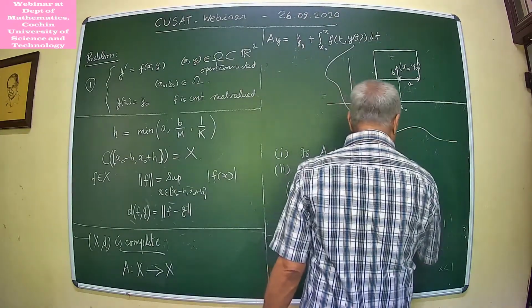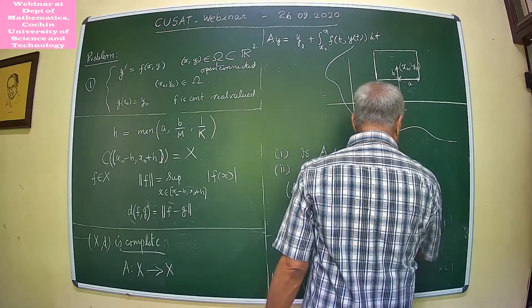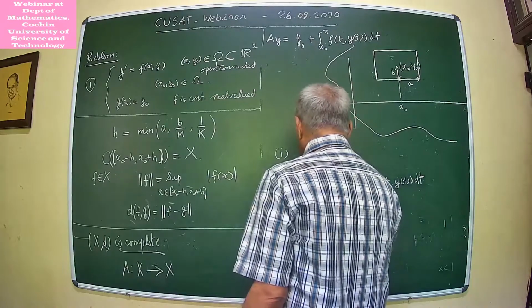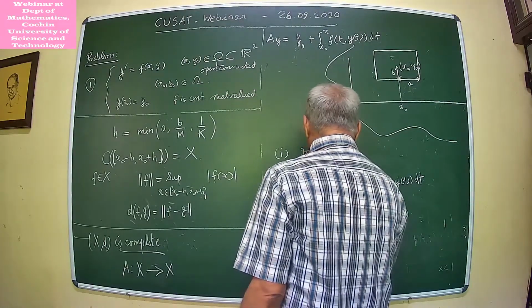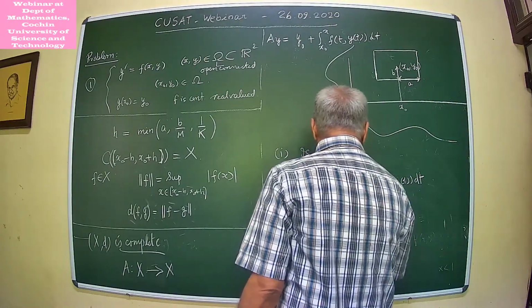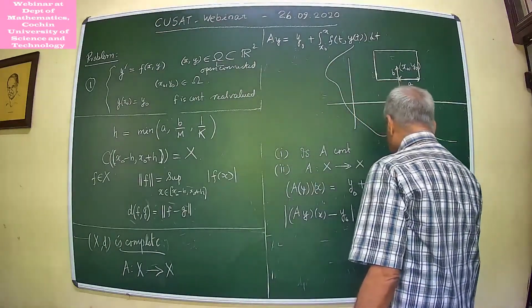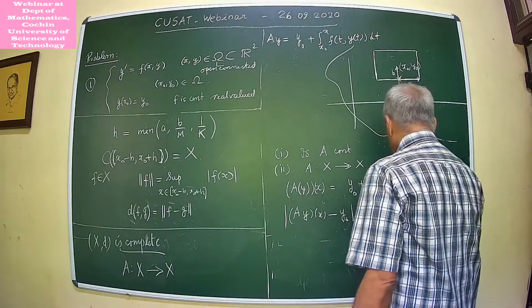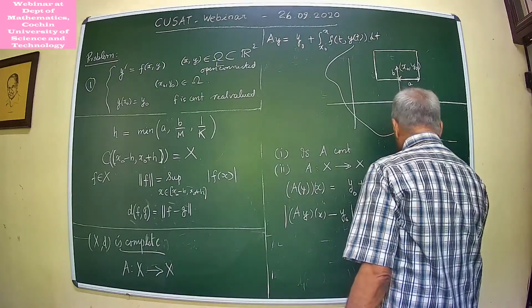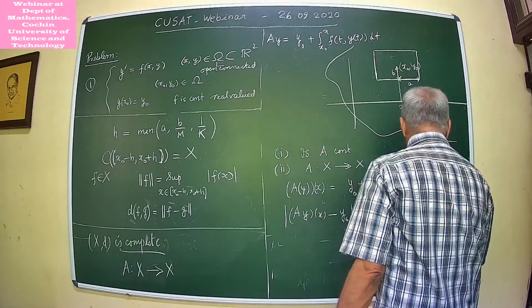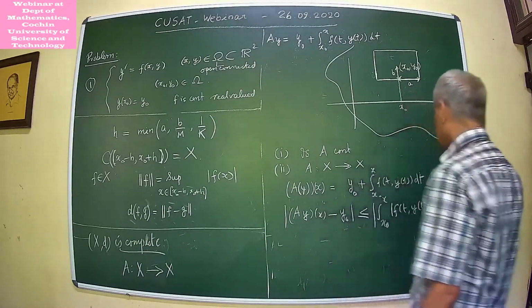f(t, y(t)) dt. Let me just estimate this. So I take Ay(x) minus y0. Estimate this. Now this is less than or equal to the integral from x0 to x of the modulus of f dt.